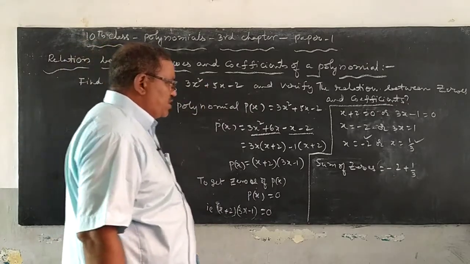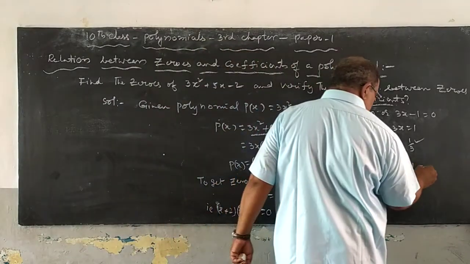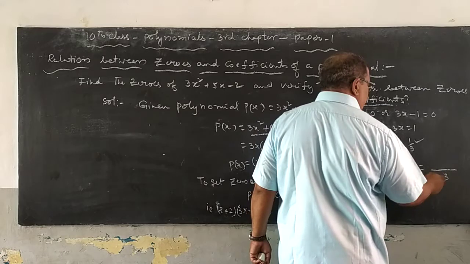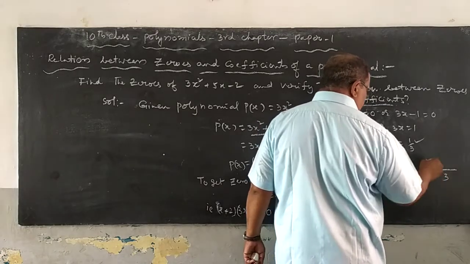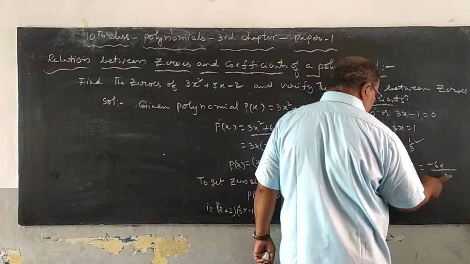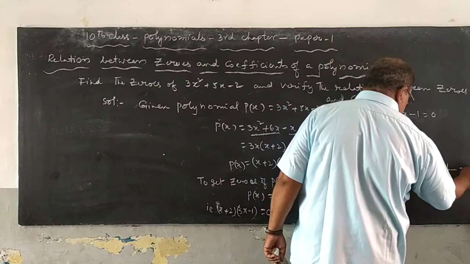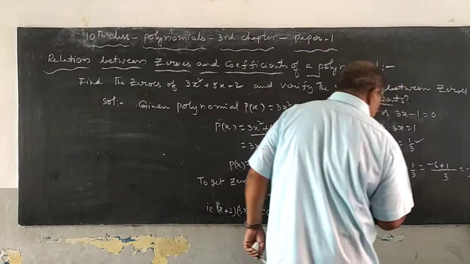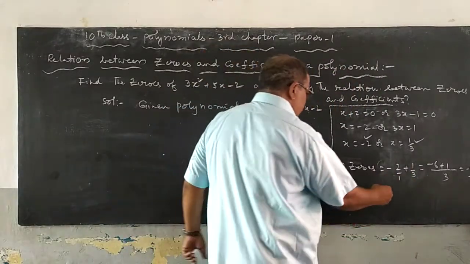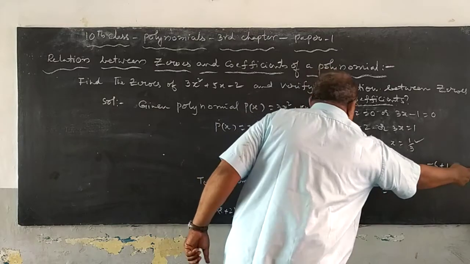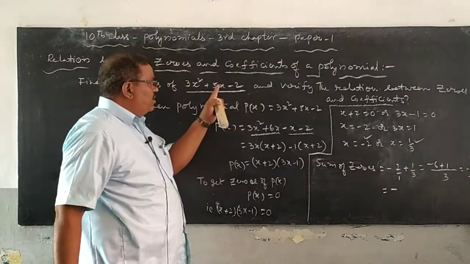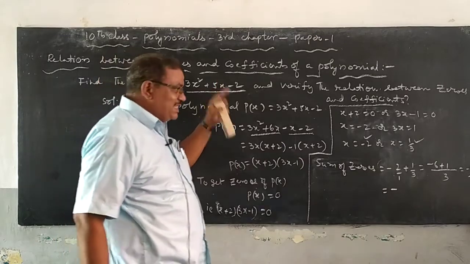Sum of zeros is minus 2 plus 1 by 3. Take LCM 3: 3 times minus 2 is minus 6, plus 1, that is minus 5 by 3. So, minus 5 by 3 will come for us. What is 5 here in the given polynomial? 5 is the coefficient of x.